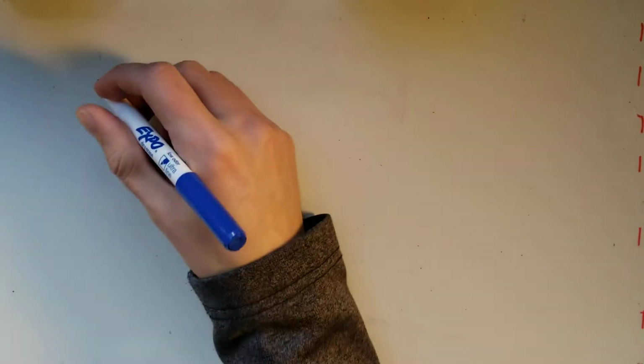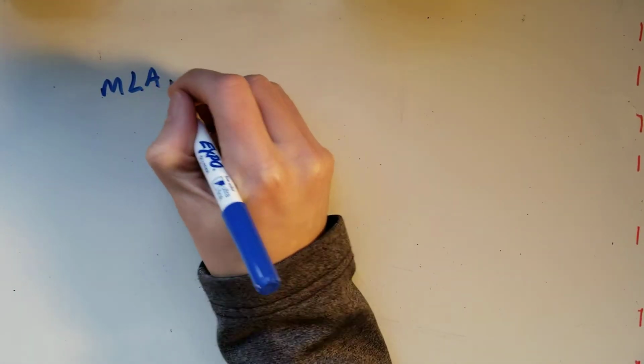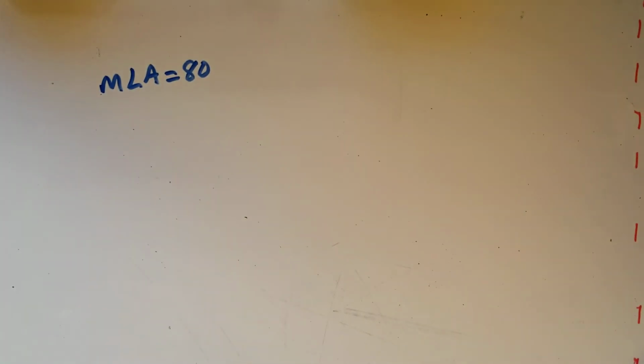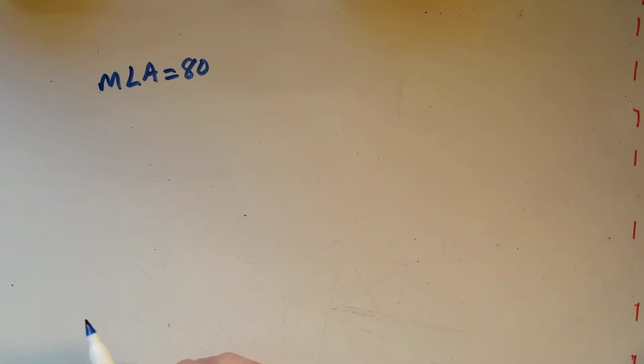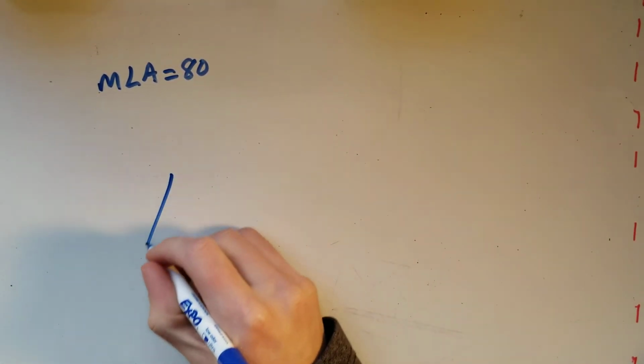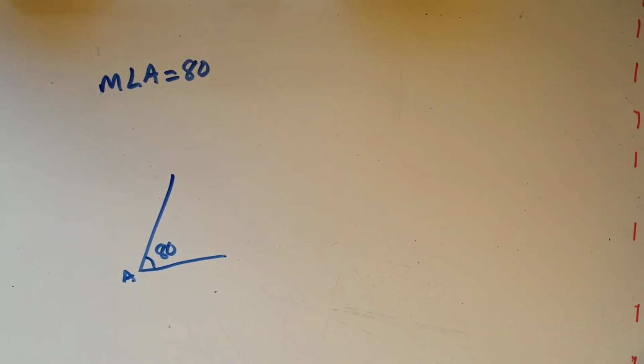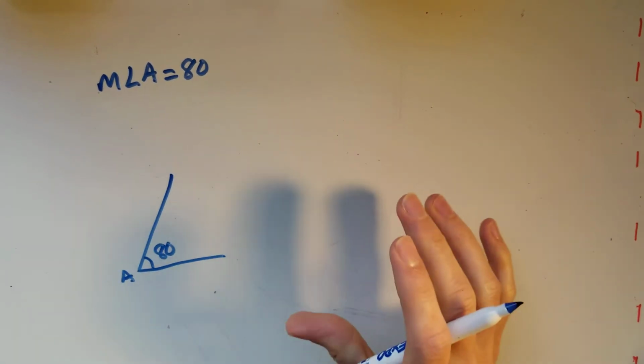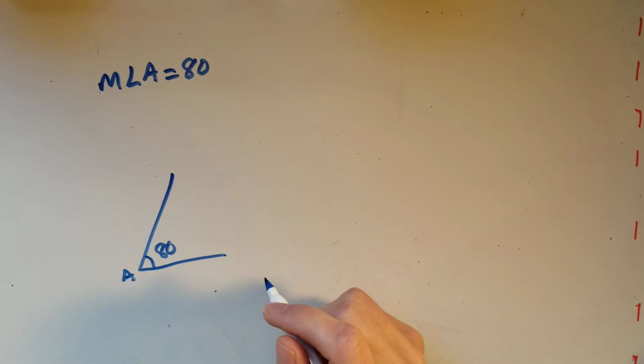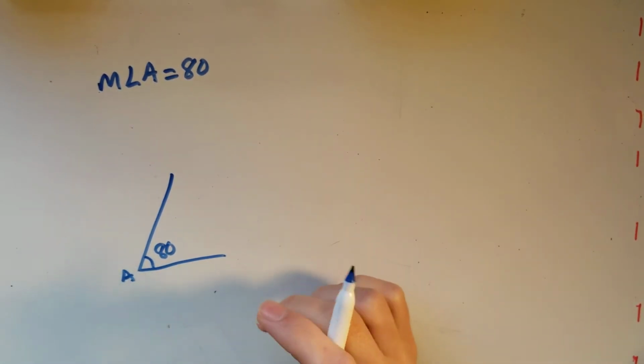Slide 2 says, one angle of an isosceles triangle measures 80 degrees. Measure of angle A, we'll say, is 80 degrees. And it says what other angles could be in that isosceles triangle? Choose all that apply. So we need to think of different scenarios here. We are told that it's an isosceles triangle, so that means there's going to be one pair of congruent angles, a pair of angles that are the same measure.